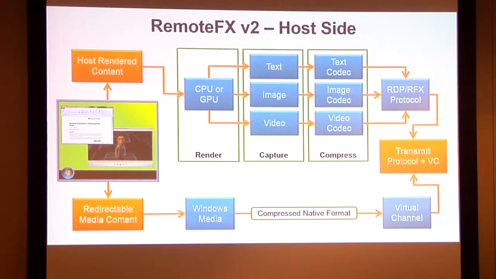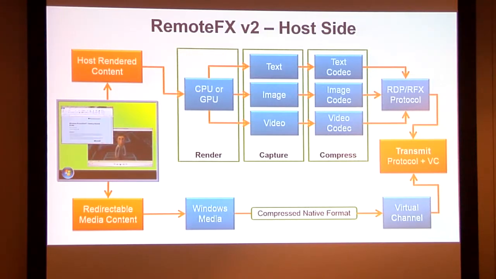Good. Now, if we look at RemoteFX, what it basically does in version 2 is differentiate between 3 different graphics formats. One is text, one is still image, and the other is animation or video.